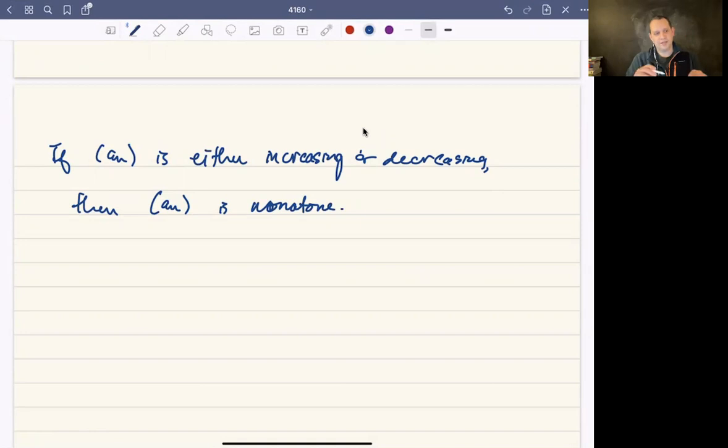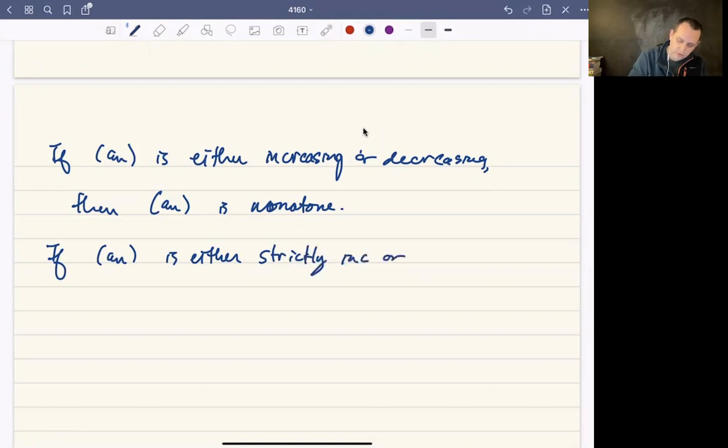Monotone meaning that the sequence only moves in one direction. Either they all get larger or they all get smaller. If a sub n is either strictly increasing or strictly decreasing, then a sub n is strictly monotone.